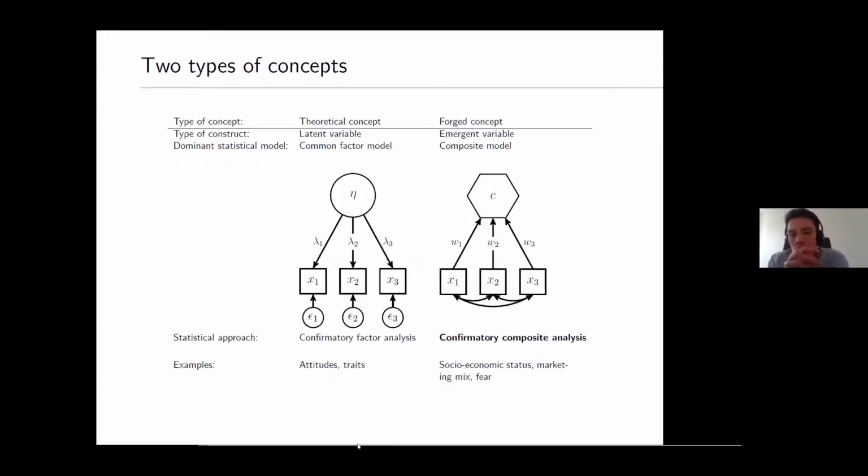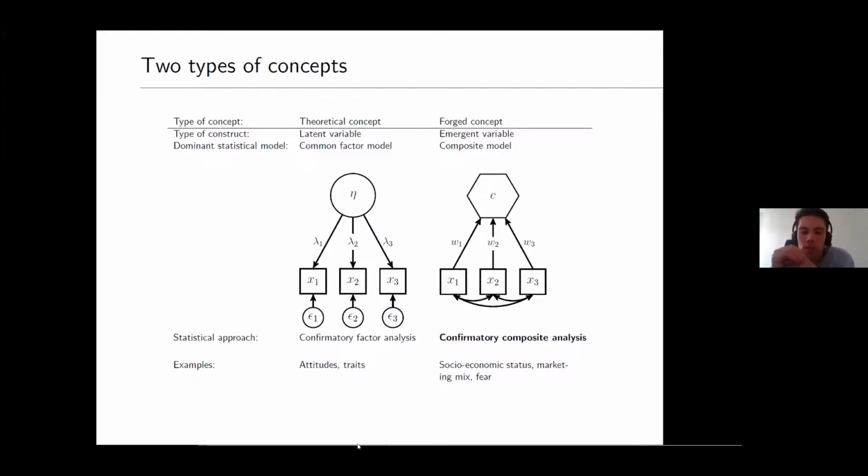Therefore, we proposed the composite model, which assumes that the observed variables make up an emergent variable. An emergent variable, here highlighted by C, is a composite that conveys all the information between the variables forming the composite and the other variables in the model.